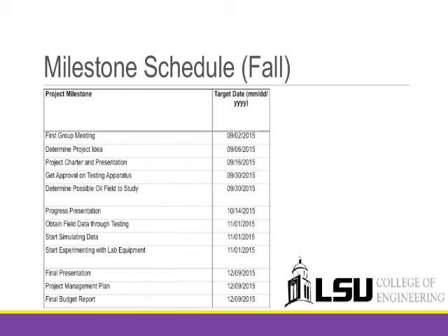The following graphic shows the milestone schedule for the fall. Major dates include the final presentation, the project management plan, and the final budget report.